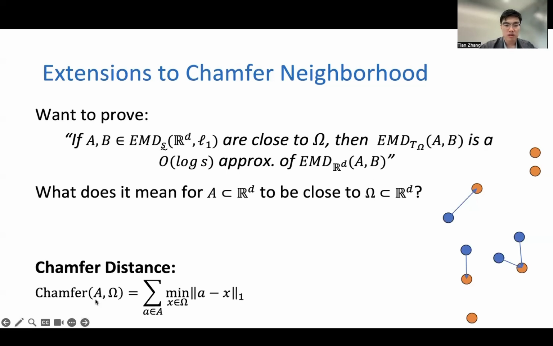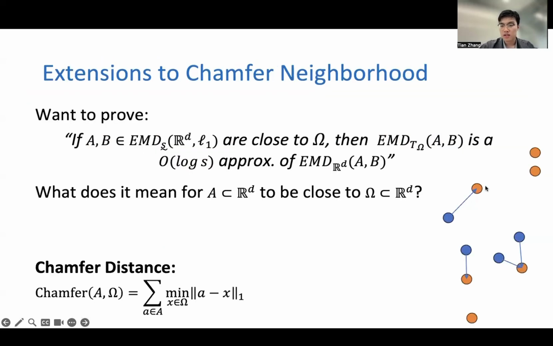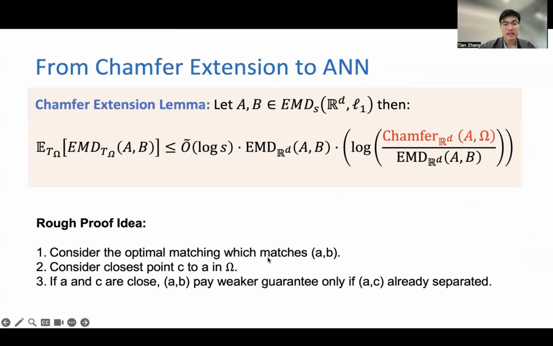Well, for each element in A, we're going to find the nearest neighbor in omega. So the blue points are A points, the orange points are omega points. So we're going to find the nearest neighbor in the ground matrix space, and then we just sum them up.